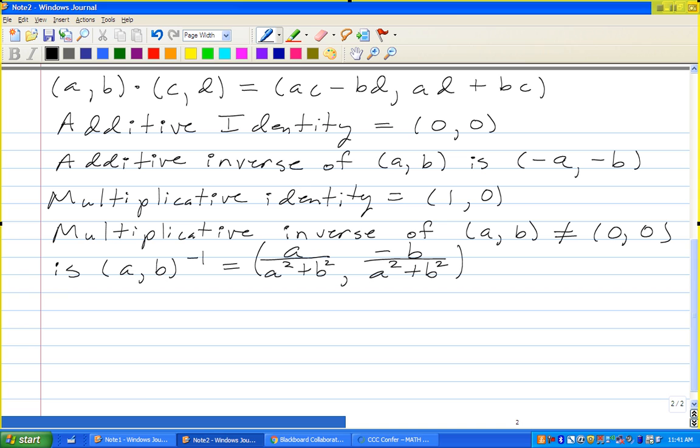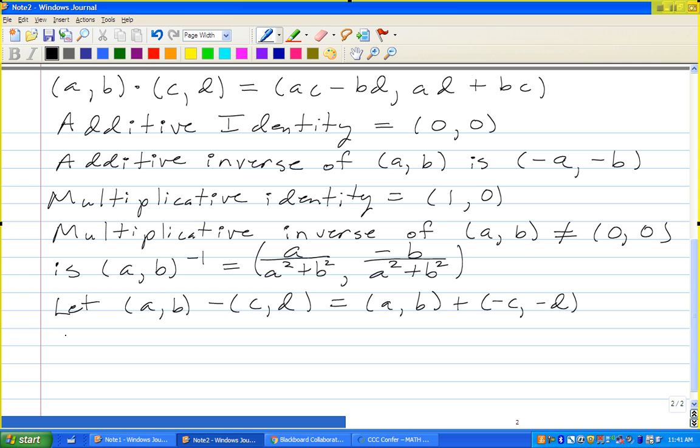Let me give you some notation. Let us define subtraction as follows: (a, b) minus (c, d) is just equal to (a, b) plus the additive inverse, so (a, b) plus (minus c, minus d).